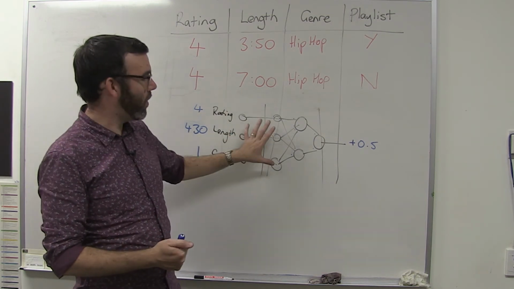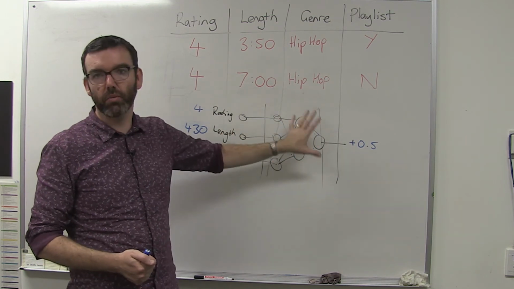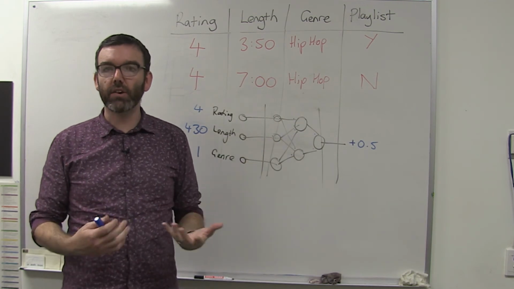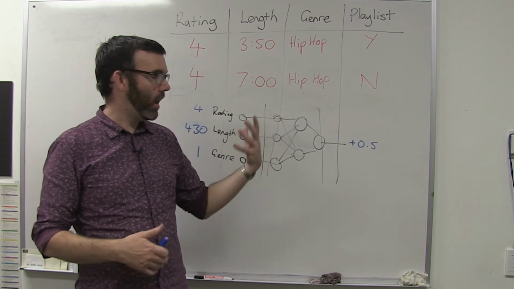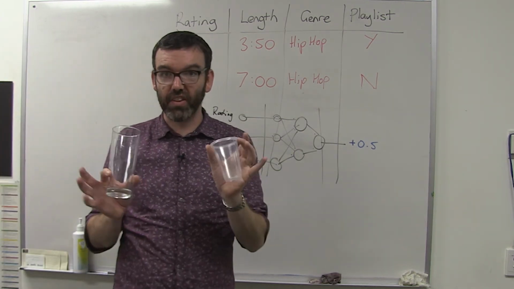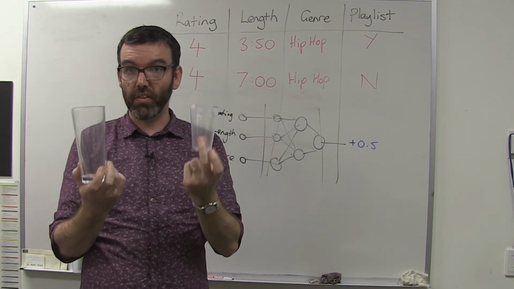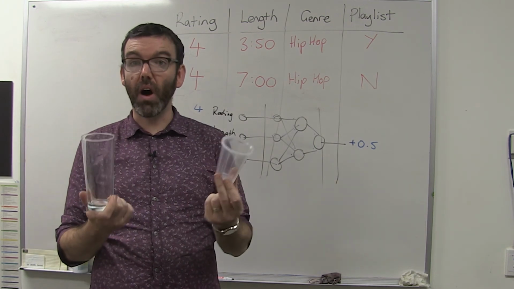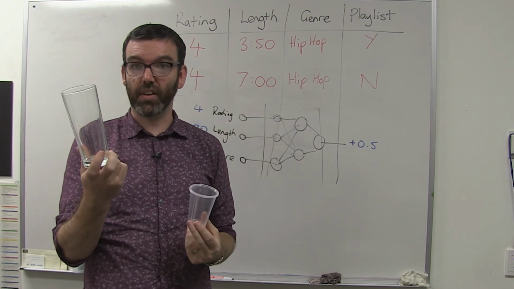The problem with this approach though is that within the internal parameters and such we create for this network, we can't readily get out of that an idea about why certain objects are being classified as A versus B. If we return to our glass versus plastic cup example, we could train a neural network to tell the difference between, say, these two items, but we couldn't actually get back out of that neural network an idea why it classifies, say, this as a plastic cup and this as a glass cup.